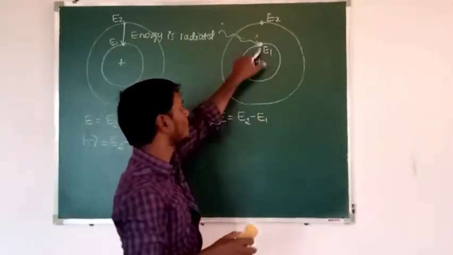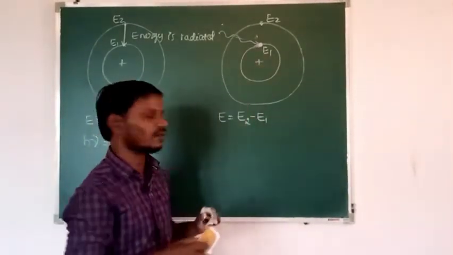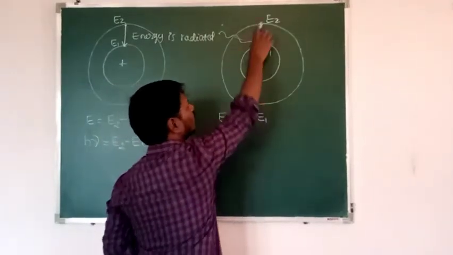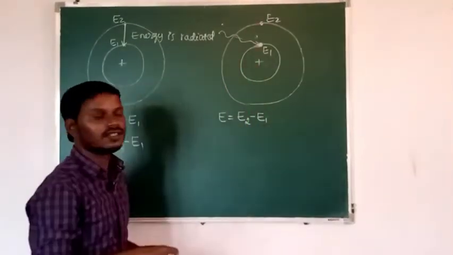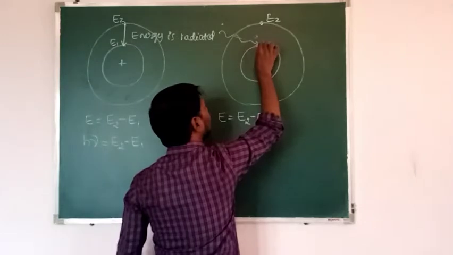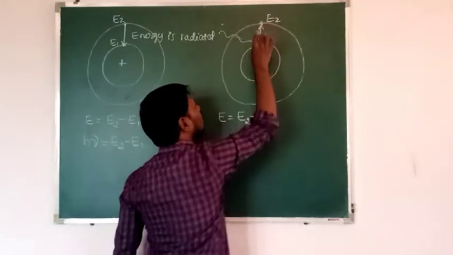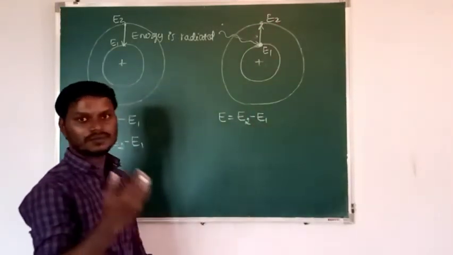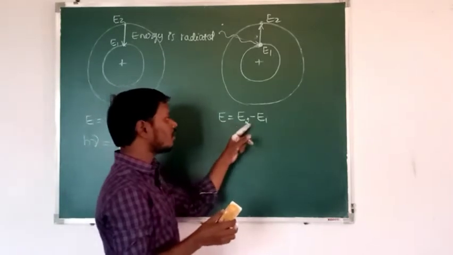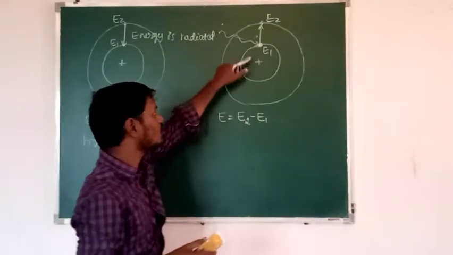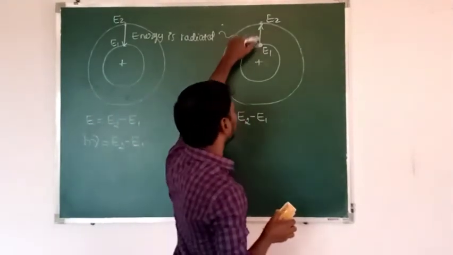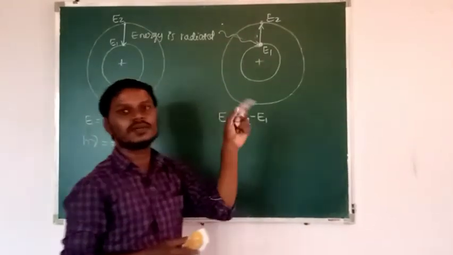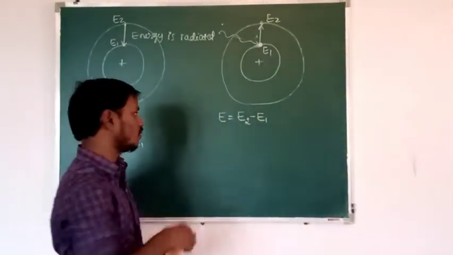Here the lower orbit is nothing but the first orbit, and the higher orbit is the second orbit in the example. So when the electron absorbs energy equal to E2 minus E1, that electron jumps from the ground orbit to the higher orbit, means the first orbit to the second orbit.